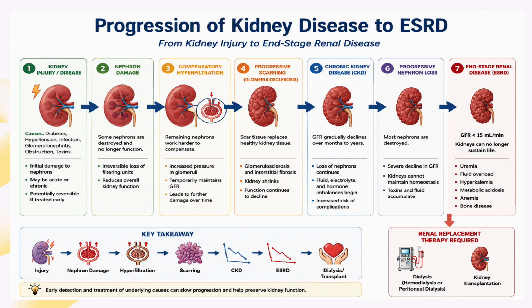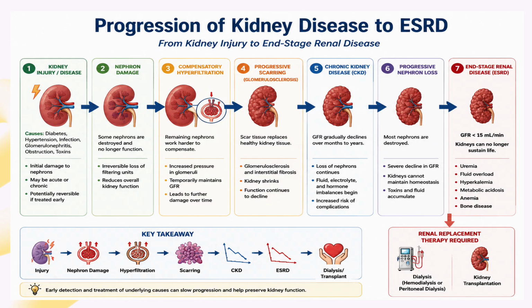Now the kidney is done, right? It's fried. So at this point, severe complications develop, including uremia, fluid overload, hyperkalemia, metabolic acidosis, anemia, and bone disease. Because the kidney can no longer adequately filter the blood, patients will require dialysis or kidney transplantation if they want to survive.